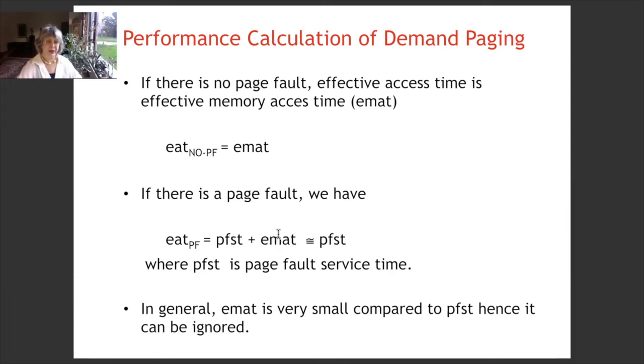This can be negligible compared to the page fault service time, so it is approximately equal to page fault service time. In general, effective memory access time is very small compared to page fault service time, hence it can be ignored if there is a page fault.